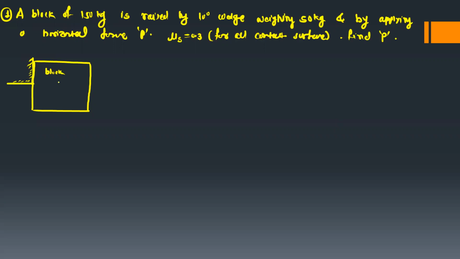This block is having the weight 150 kg, so we need to multiply this by 9.81 so that it will be in Newton. Now 150 kg is just a mass. So here M for the block is equal to 150 kg. So W will become 150 into 9.81 Newton.